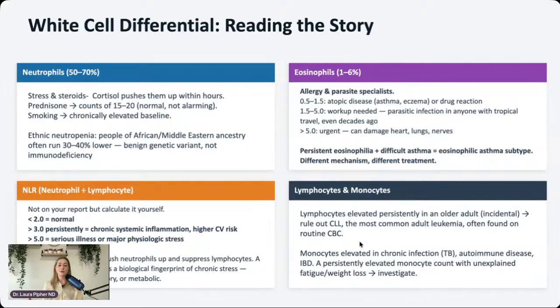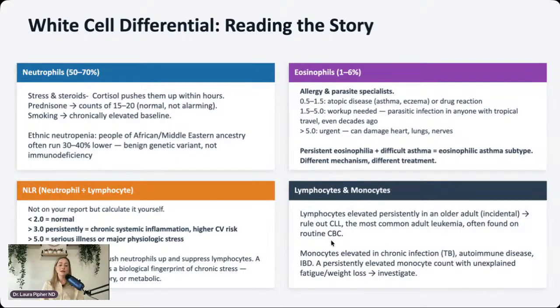If you get blood work done right after a stressful commute, a bad night of sleep, or an intense workout, your white cells might actually look a little bit elevated. It could be that you don't have an infection, but you're just having a stress response. If you're taking steroids like prednisone, this can often push your white count up to levels that look alarming. But again, making sure that everyone who's doing your blood work knows what medications you're on is really important.